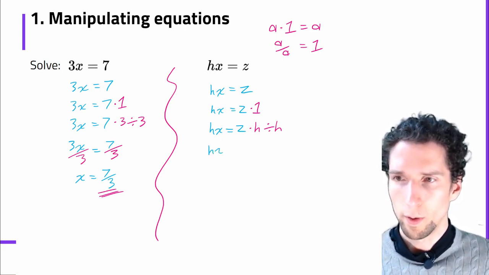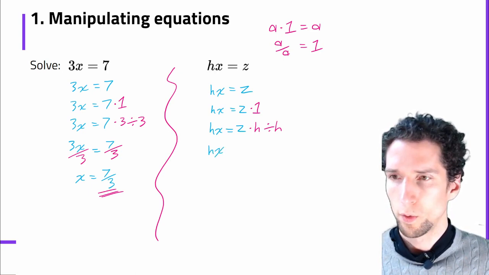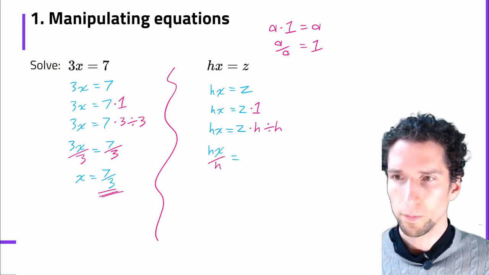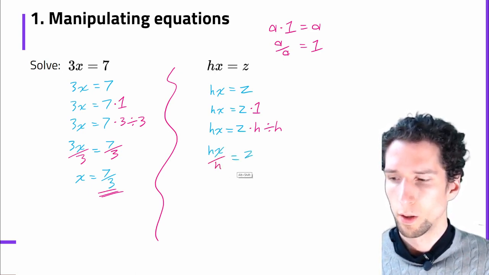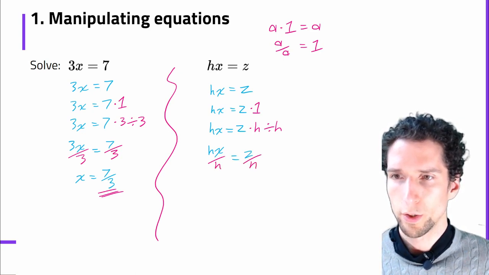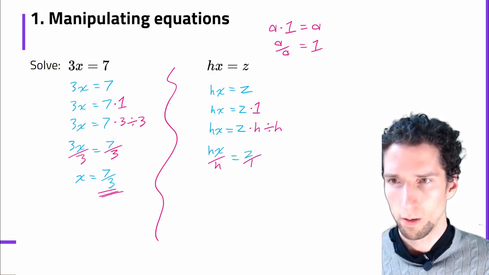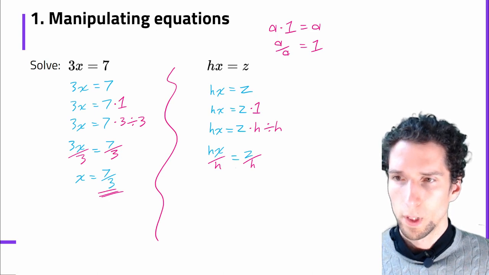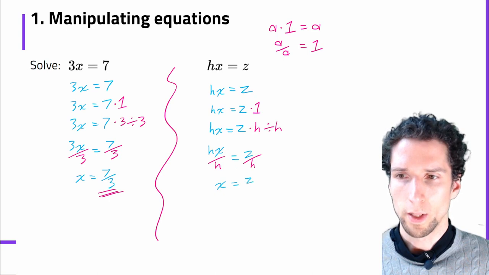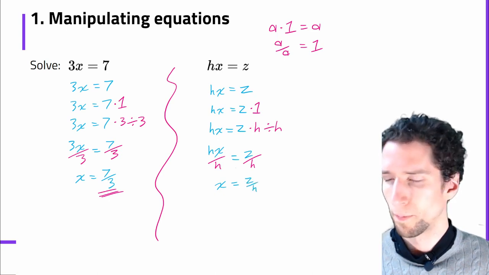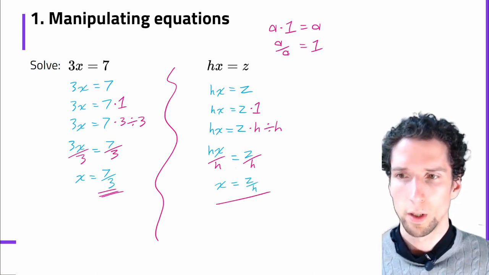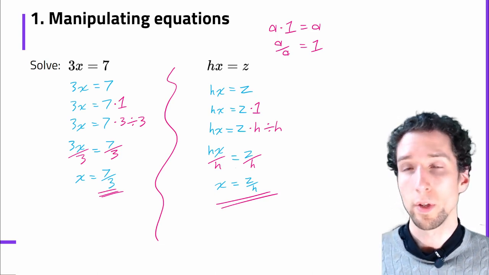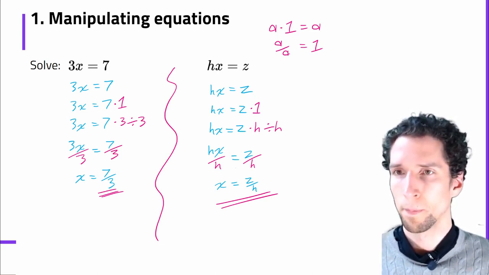So instead we write hx over h is equal to z over h, and then simplify: on the left is x, and on the right, z over h. So we've done it. We have solved for x in terms of these two other variables.